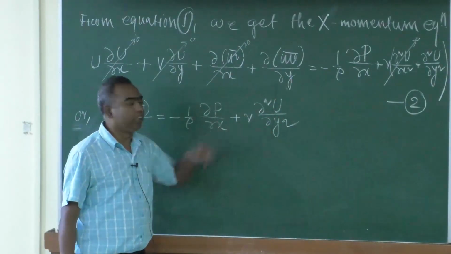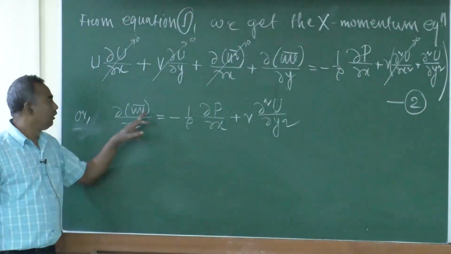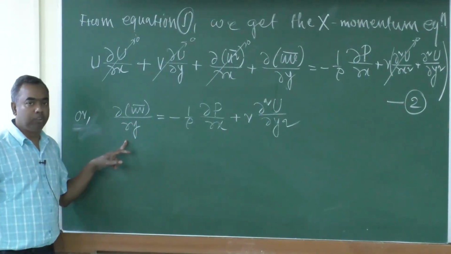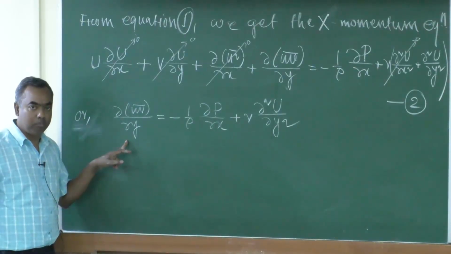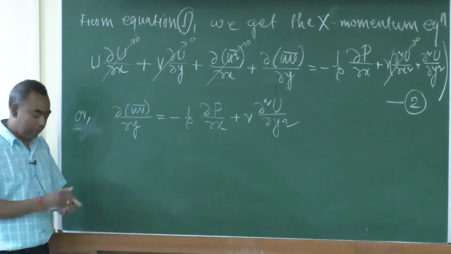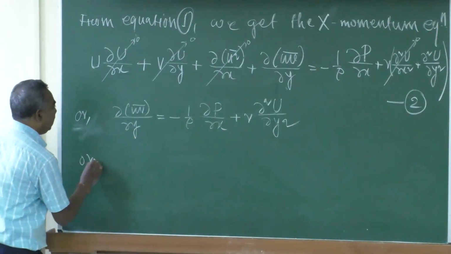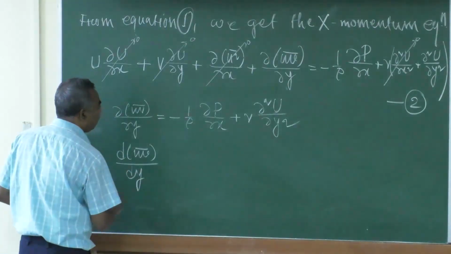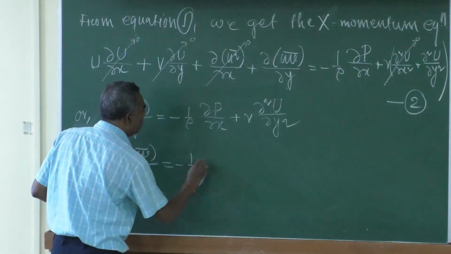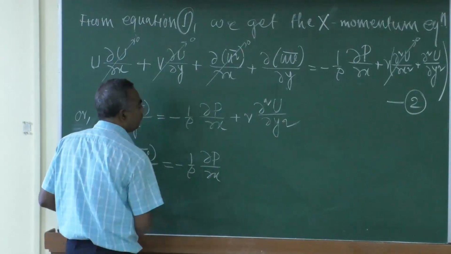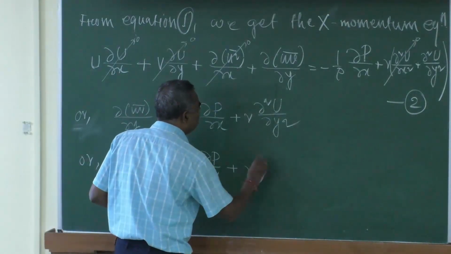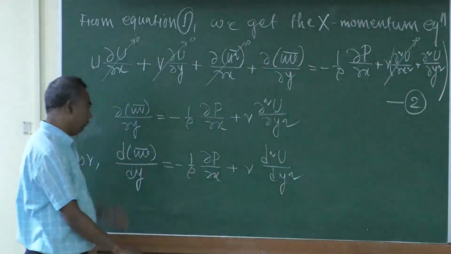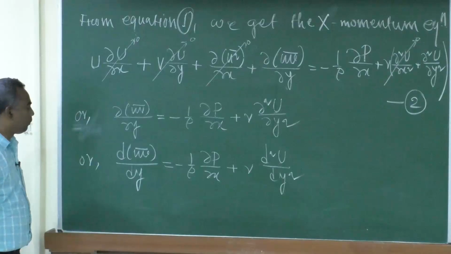So, this can be a total derivative. What about this Reynolds stress? Statistics is not going to depend on the x direction for fully developed channel flow. That means this also can be a total derivative. So, we can write this equation as d(uv bar)/dy equals to minus 1 by rho ∂p/∂x plus nu d²u/dy². That is what we can write.